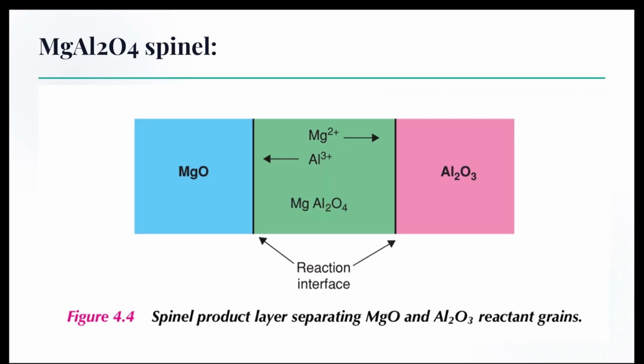This particular image represents what counter diffusion is all about. This is the product layer that we have gotten, right? Now our Mg2+ and Al2O3, giving Al3+ and Mg2+, are not accessible to each other, but then in the molten state, at the interface, what happens? The Mg2+ ion starts to move towards the right side, towards the product side, and also our Al3+ starts to move to the product side.